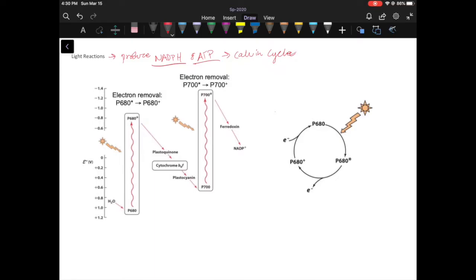Okay, so the process by which this occurs in the thylakoid membrane is what is known as a Z-scheme.